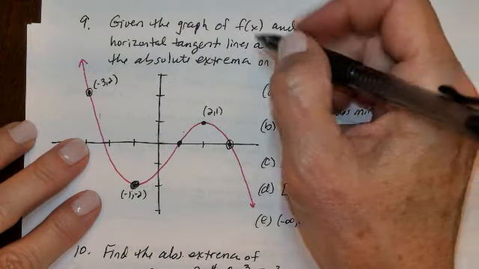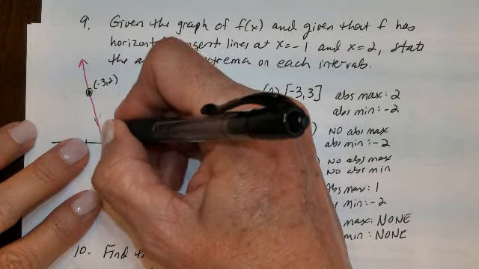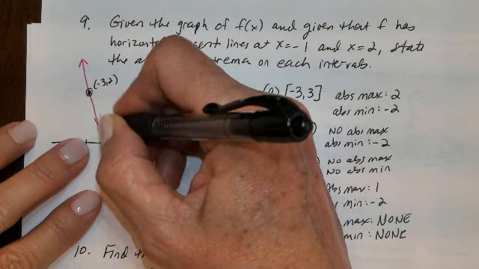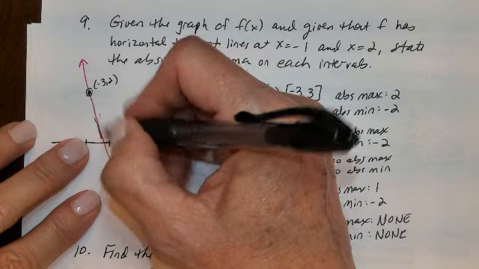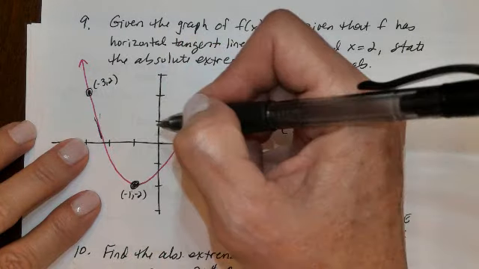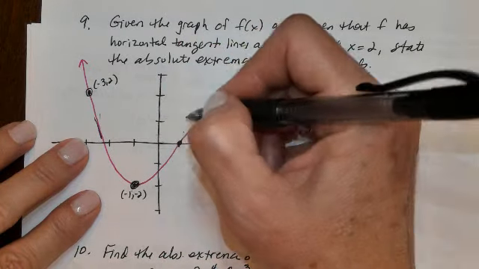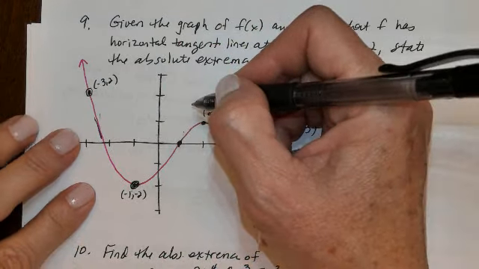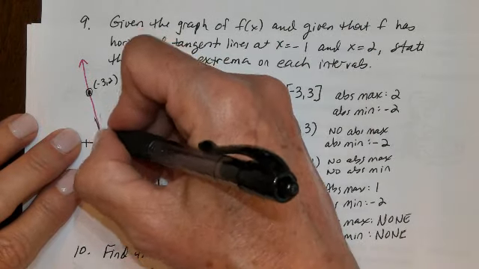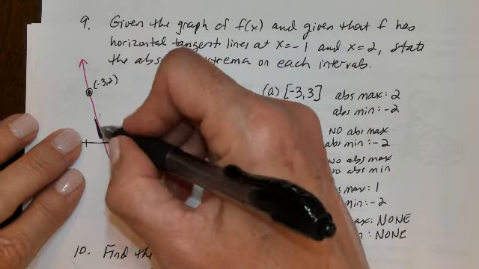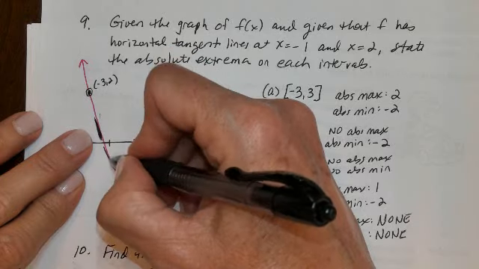Think of concavity like, and I told you about the tangent line being above the curve or below the curve. That will determine if you're concave up or concave down. Another way to think about concavity is like this. Think of the derivative right here. It's negative, but what's it doing?